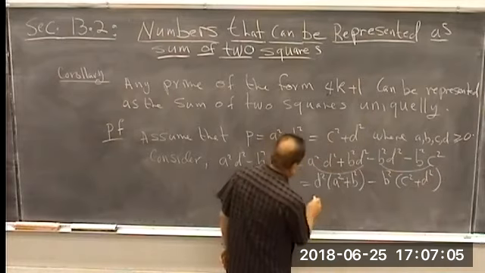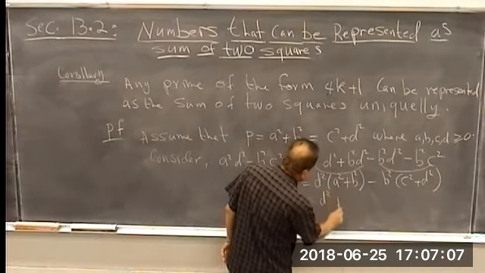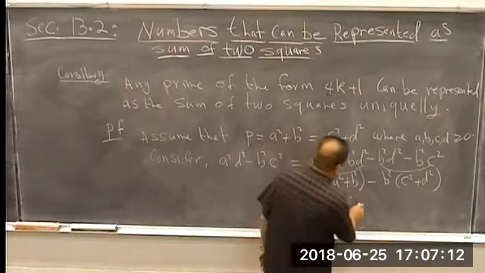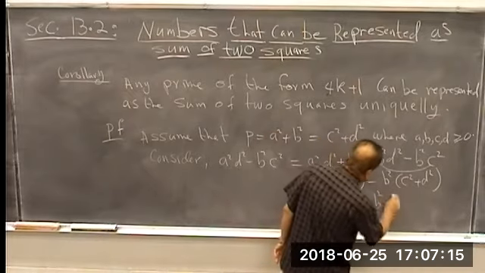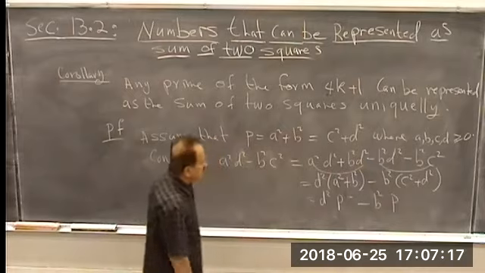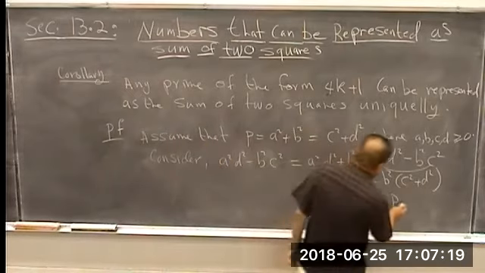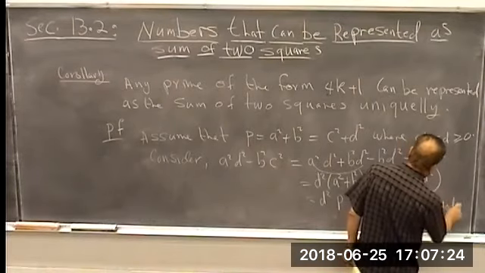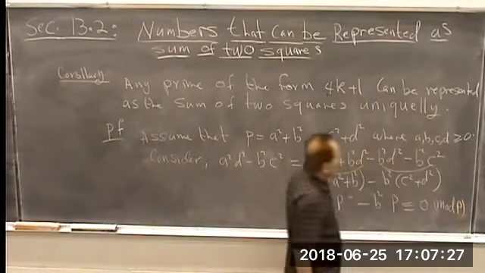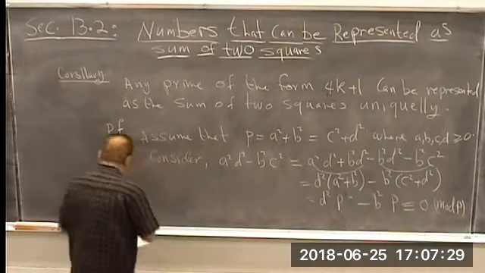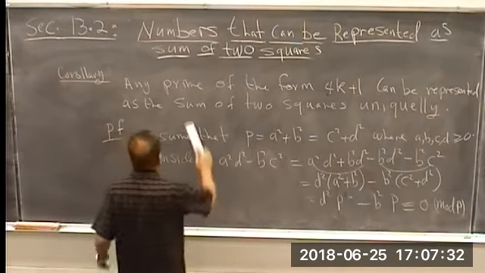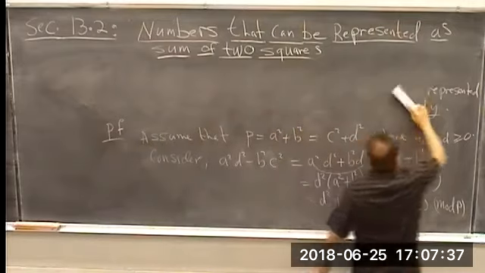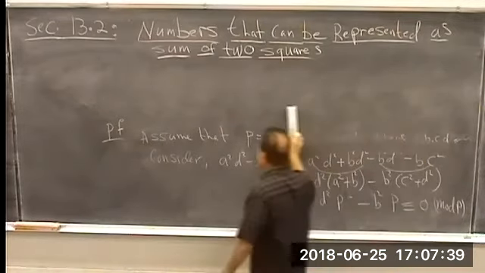Now, A squared plus B squared is equal to P, and the same thing with C squared plus D squared. So altogether, when we reduce mod P, this becomes congruent to 0 mod P. All right, what does this mean? There's a lot of tricks in this proof.